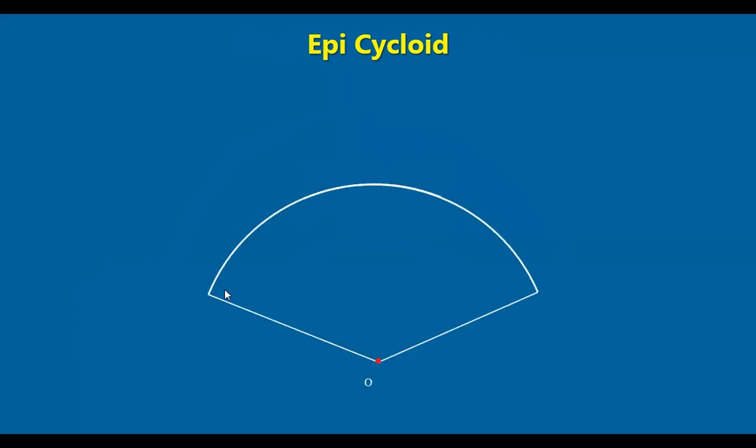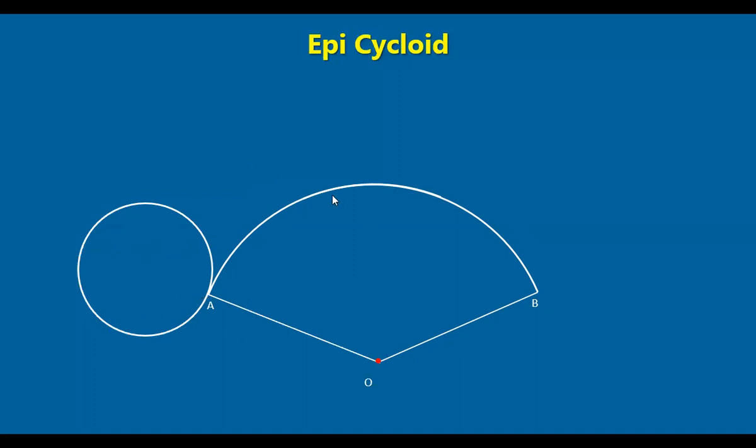Suppose this is the flyover or the curved path, and we have a cycle here, a circle. This circle is moving here without slipping, is rotating and is in contact with this surface. The radius of this arc of a circle is capital R, and this one is small r.